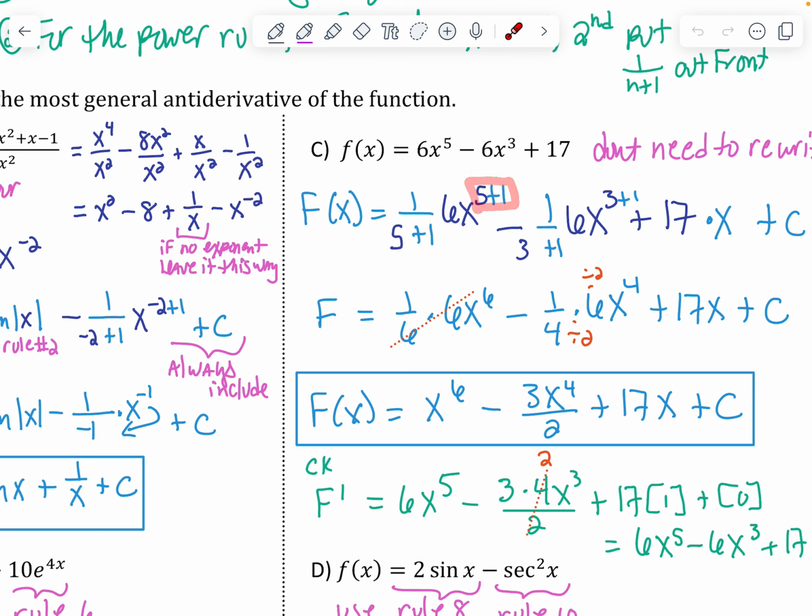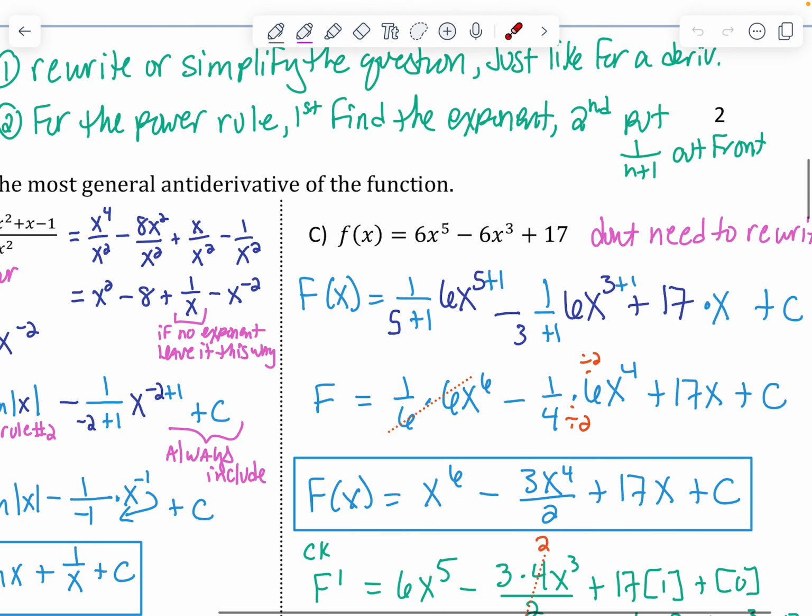Now I'm going to add 1 to the exponent first, and then that is going to become my denominator. Next I have minus, and then my 6x cubed, where I'm going to add 1 to the exponent and take that new exponent, it's kind of hard to see the way I wrote it, to be my denominator.